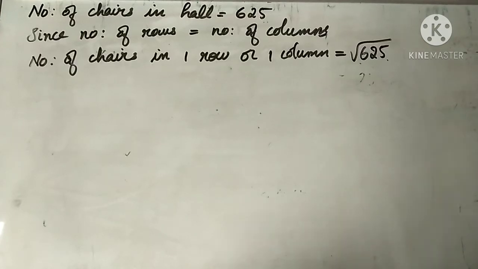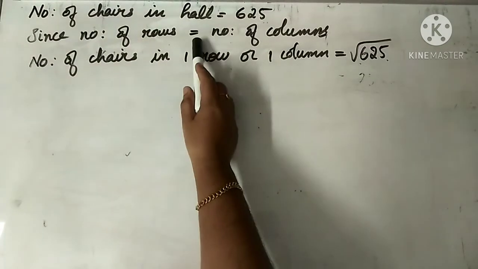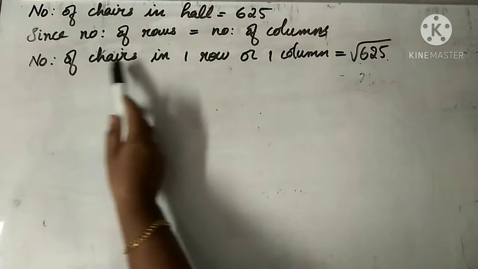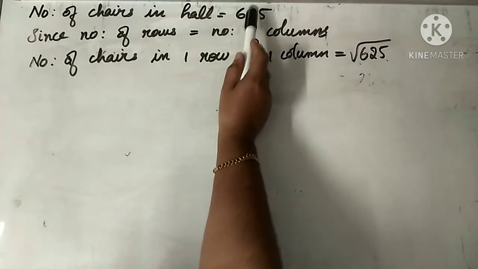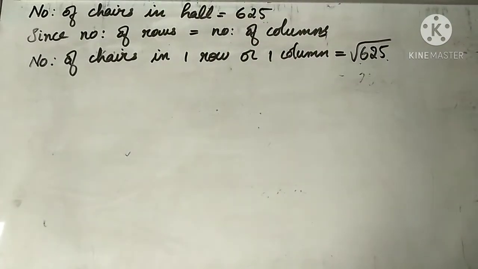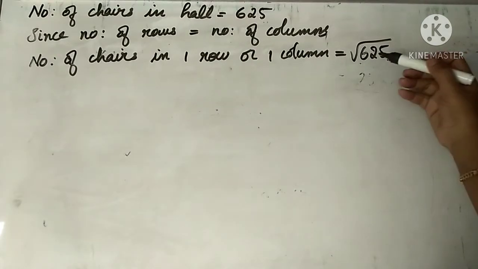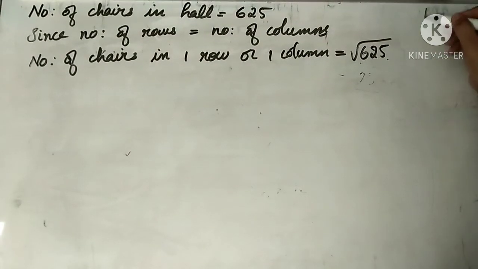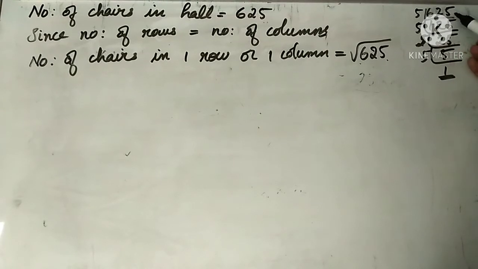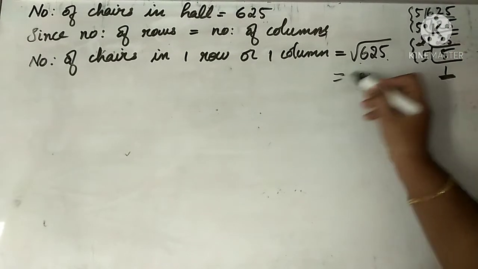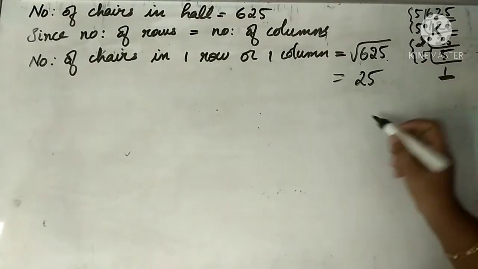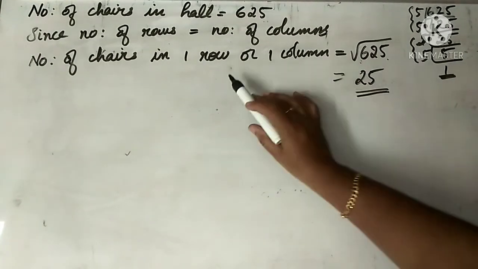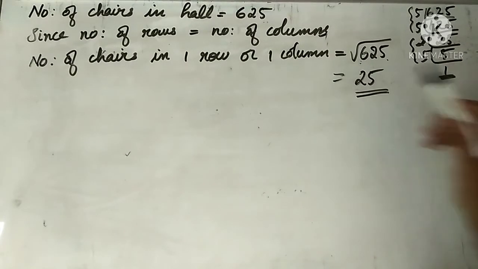So we can write, since the number of rows is equal to the number of columns, the number of chairs in one row or one column is equal to the square root of 625. To find the square root of 625, we can factorize 625. When we factorize 625, we get like this. So after pairing, we get the square root of 625 is 5 5s are 25. So the number of chairs in one row or one column is equal to 25.